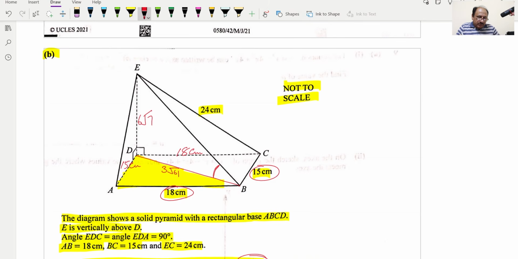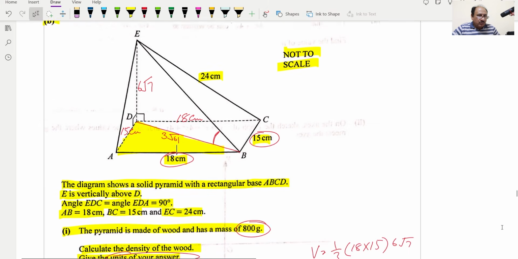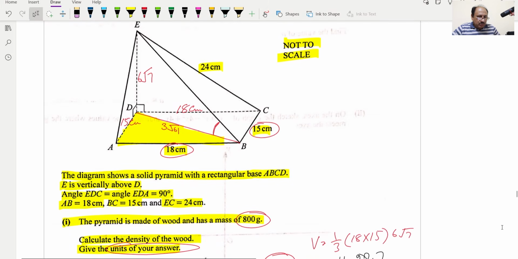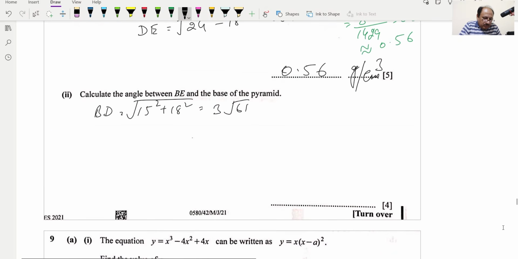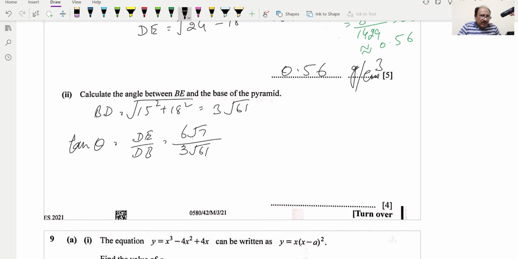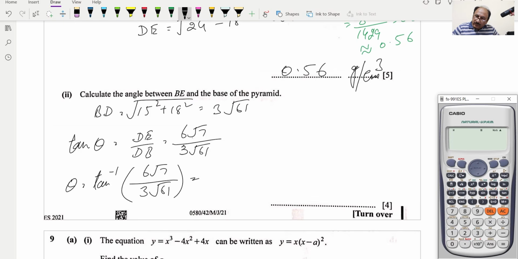Now we have opposite over adjacent, which will be tan theta. So DE over DB. So we can write tan theta is equal to DE over DB, and this is equal to 6 under root 7 over, just we found DB, which is 3 under root 61, and theta will be equal to tan inverse of 6 under root 7 over 3 under root 61, and this will be equal to shift tan.